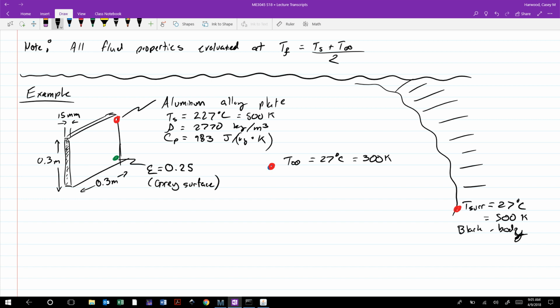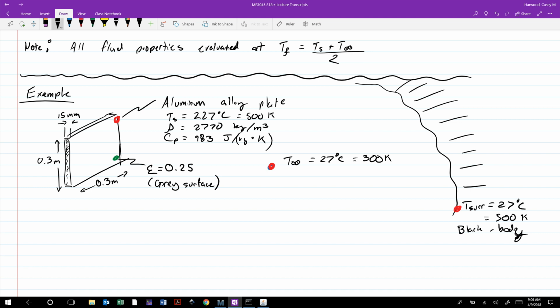Now, just a reminder, we haven't really gotten that deep into what makes a gray surface and what makes a black body, but from chapter 1, this is the particular situation where we have an easy version of the rate equation: a gray surface surrounded by a large black body. So you're safe to assume that in any radiation case we encounter for right now.